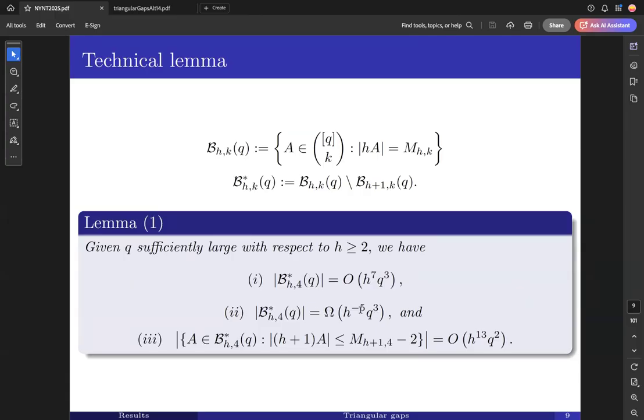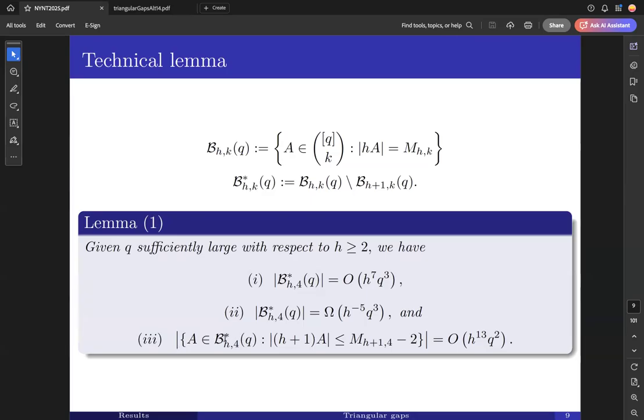If I ignore H, that's saying that for every H, B star of H is Q cubed. Since I'm dealing with four element subsets, I know that for every H, the B of H size is Q to the 4th. I haven't proved that yet, but we can show that. And now I'm saying that those boundary sets for each H, I'm clipping off a proportion of Q cubed. Now, this third statement is a little bit more technical.